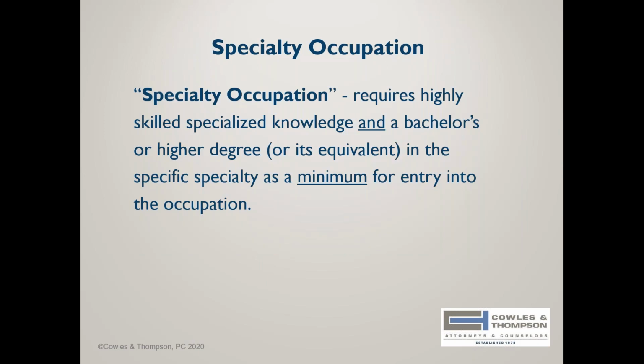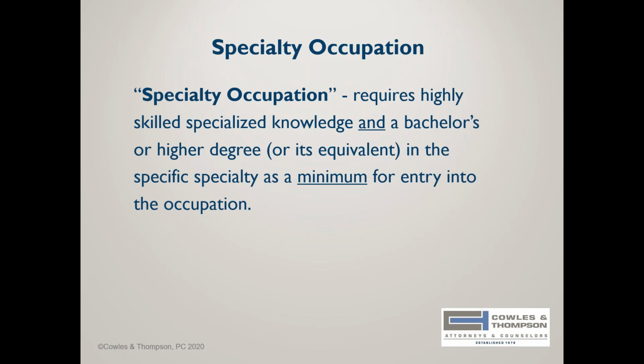So the first one is, what is a specialty occupation? USCIS has been hitting specialty occupation issues a lot over the last 2 years, increasingly in more recent time. They want to know that the H-1B position is that of a specialty occupation.